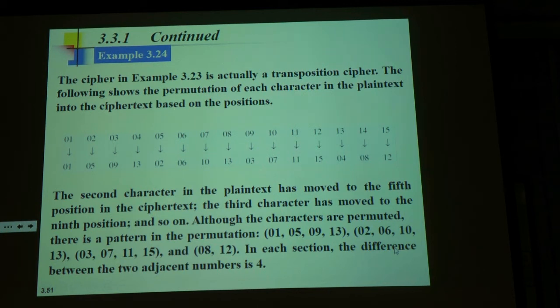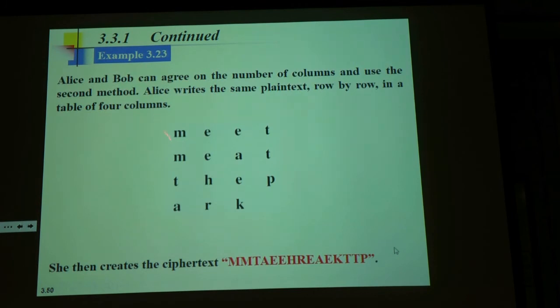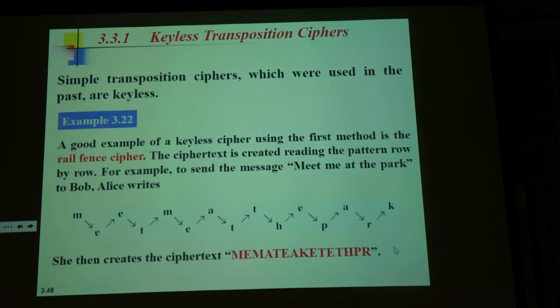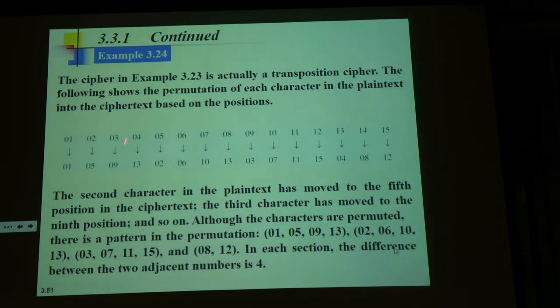The first location moves to the first location, of course, so M always moves to M. Then number 2 moves to 6, number 3 moves to 9, number 4 moves to 13, and so on and so forth.